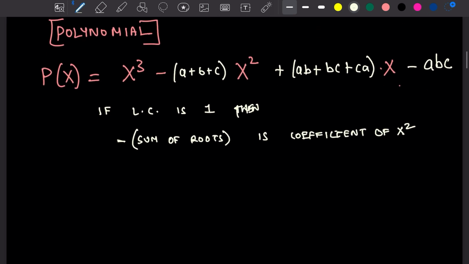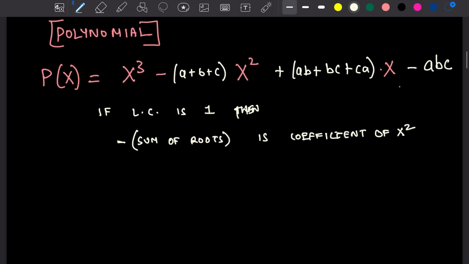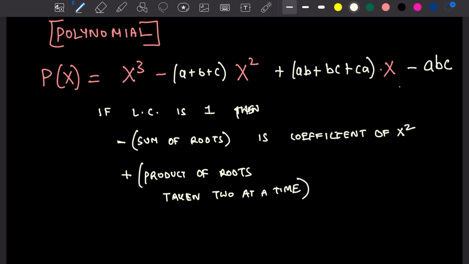Similarly, plus the product of roots taken two at a time is the coefficient of x.